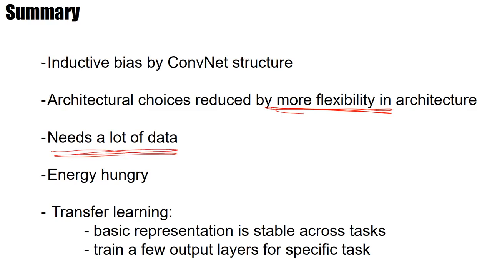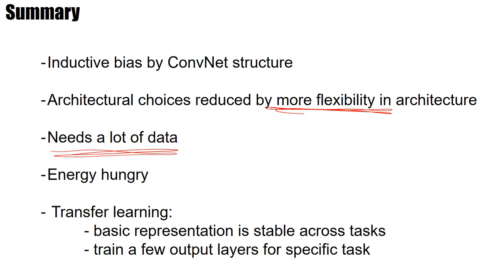And in the context of the climate crisis, I should also like to mention that these things are extremely energy hungry. It's many, many machines trained for many, many weeks. That's the equivalent of many households over a year. So don't always retrain from scratch.